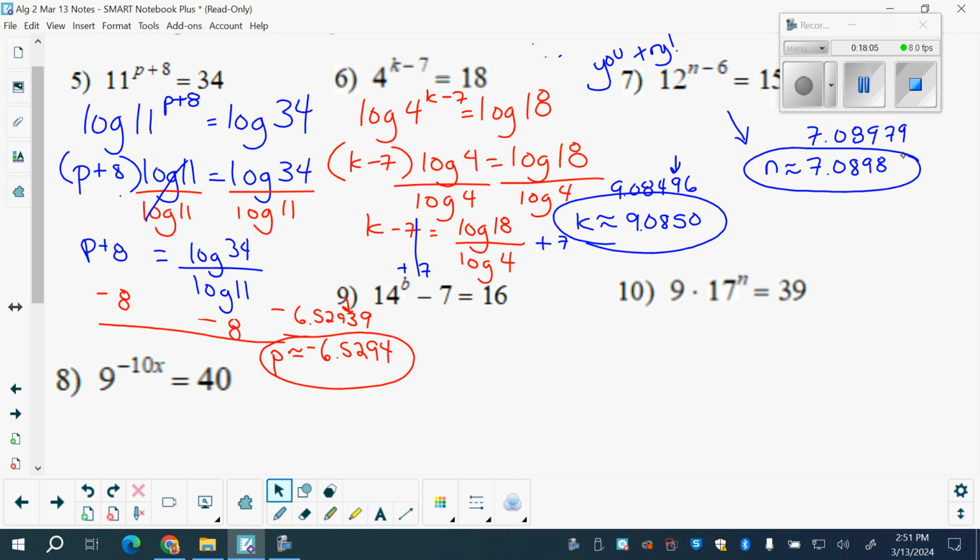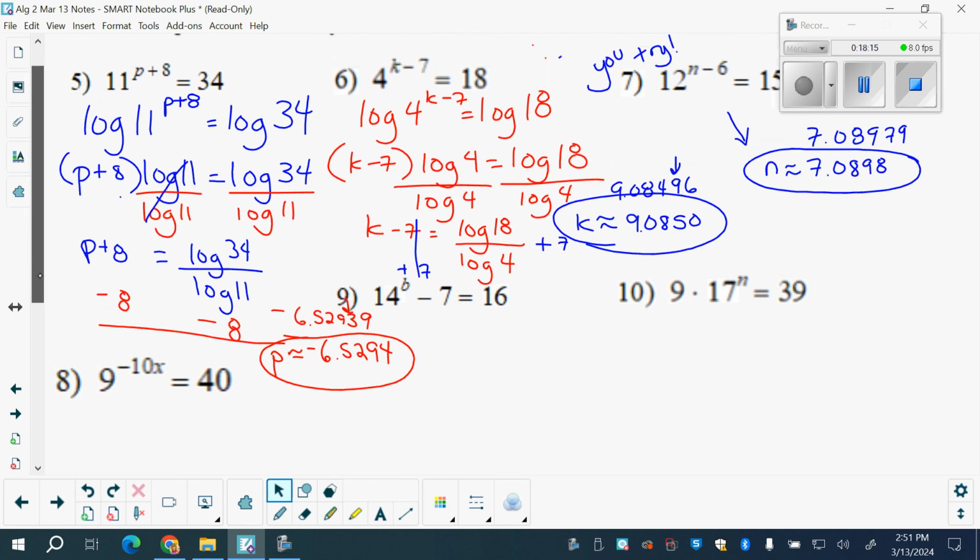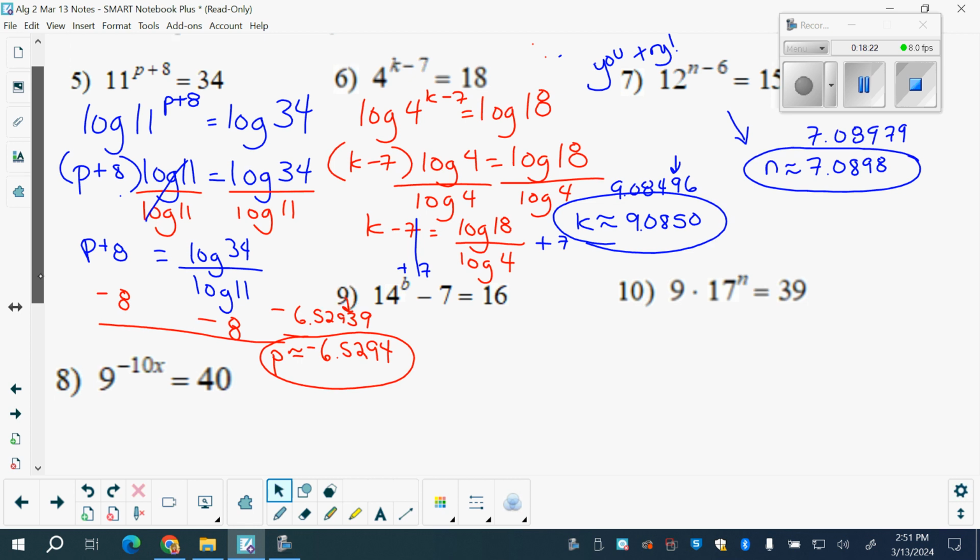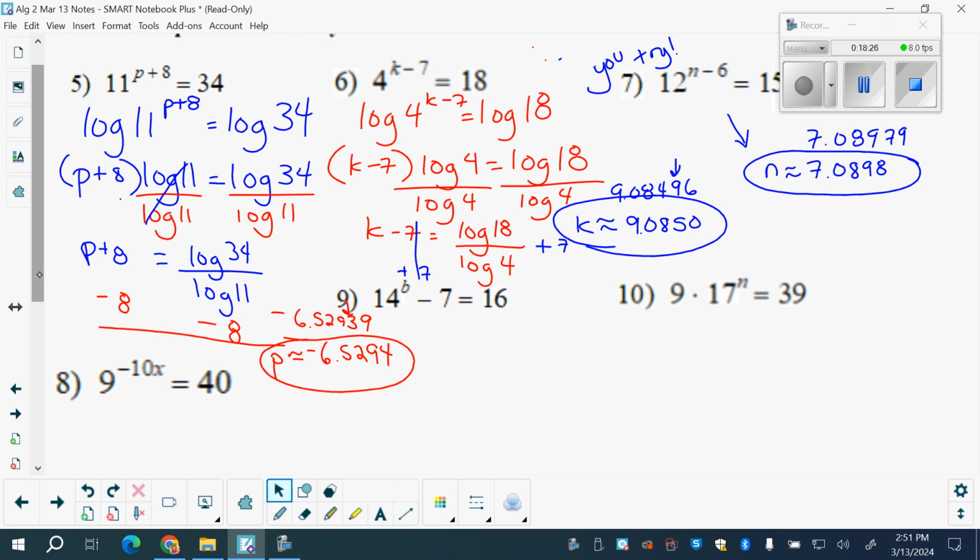No rounding questions on that? My last two classes had a question about the rounding. Nobody has any questions about that? Okay, I'm just going to address it in case somebody does.